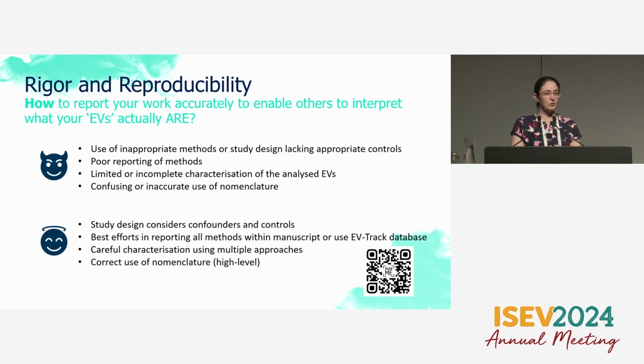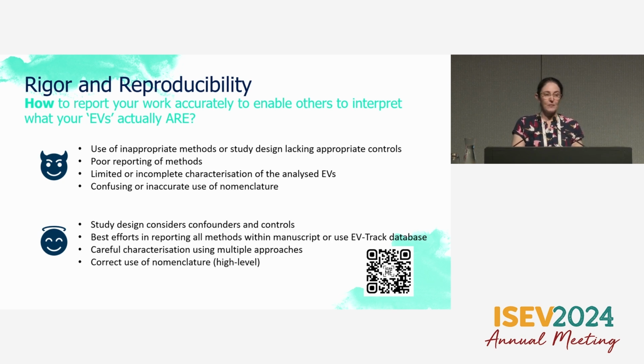So we want to avoid being the little devil here, and we want to try and be the angel. And the angel will use a study design that thinks about confounders, that will keep suitable controls. They will put best efforts, and it's always best efforts because we have limitations in publication lengths, but best efforts in reporting all methods within the manuscript.